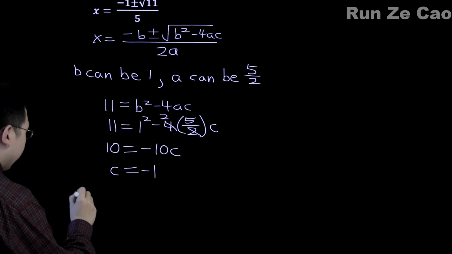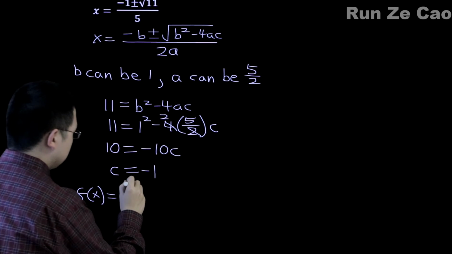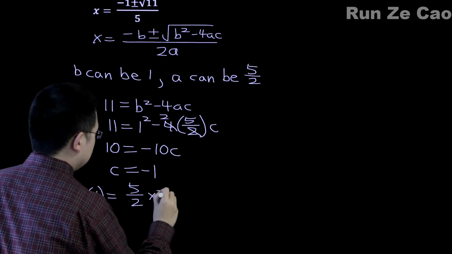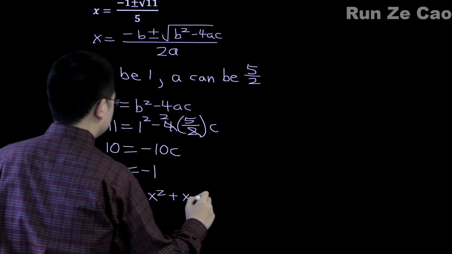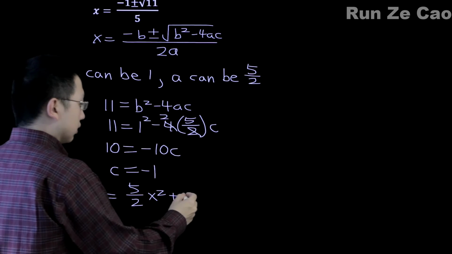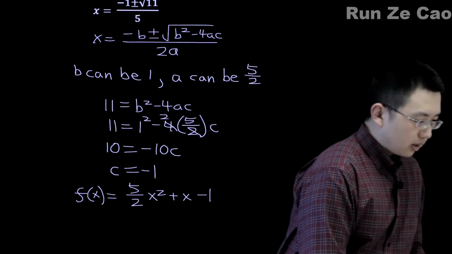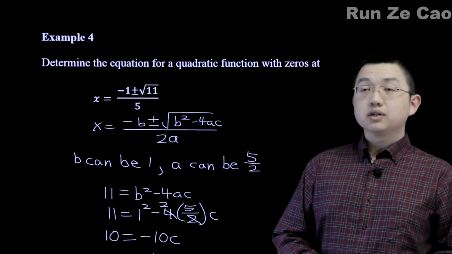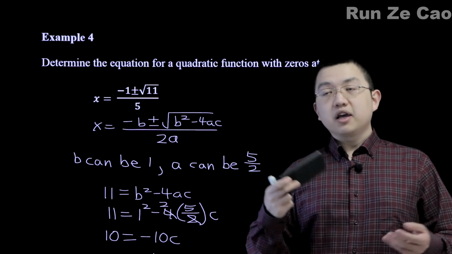Thus, we could have f of x equals 5 over 2 x squared plus x, ax squared plus bx plus c. Now, plus c would be minus 1. It only said determine the equation for a quadratic function with zeros at this. It didn't say a family of.